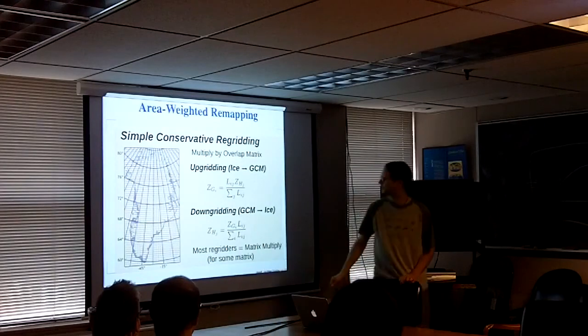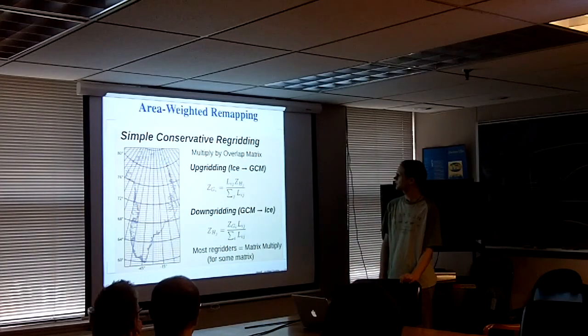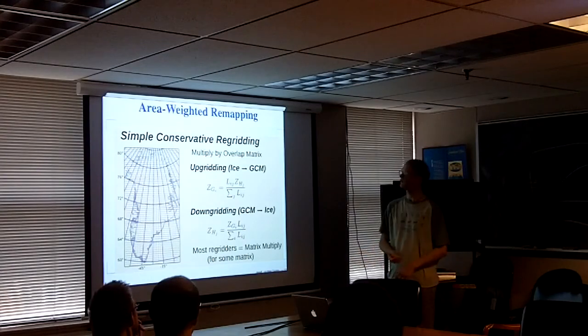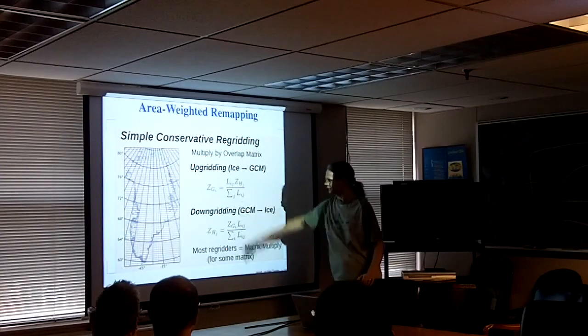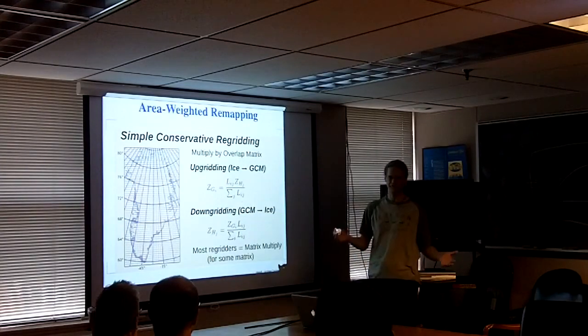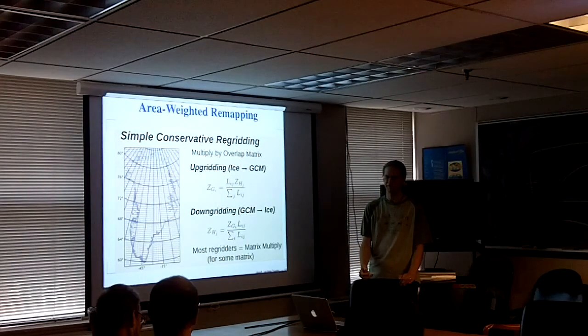Okay, so once you have this overlap matrix, the next cool thing is that you can do HNTR style regridding, called area weighted remapping. All it is is matrix multiplying. Getting the overlap matrix is the hard part. Now you multiply by your overlap matrix and you divide by a factor, and boom, there you've regridded your data.